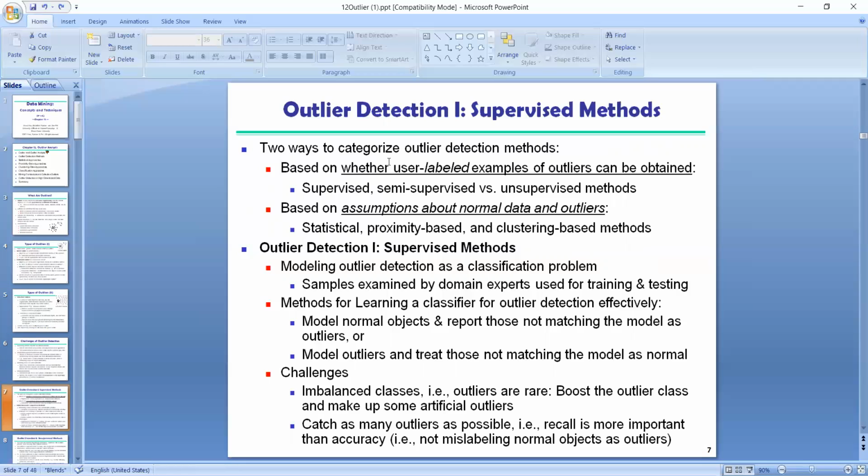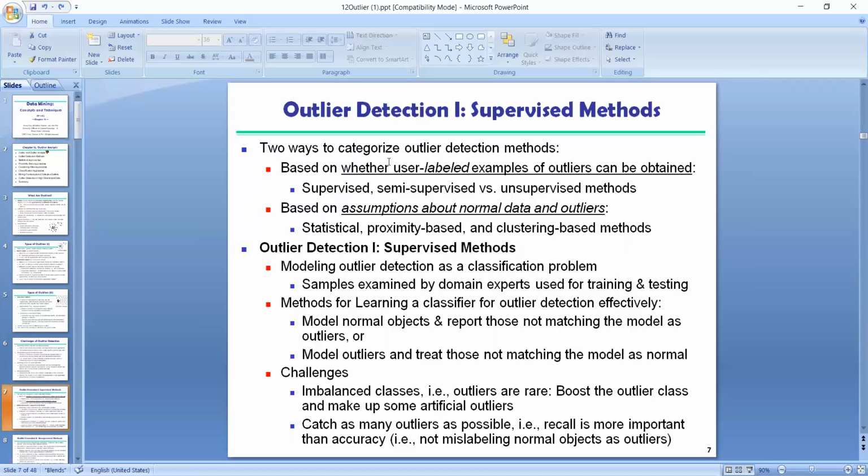The other is based on the assumptions about normal data and outliers, classified as statistical, proximity-based and clustering-based methods. We will see the methods one by one. The first classification is whether there are user-labeled examples or not. Based on that, we have three methods: supervised, semi-supervised, and unsupervised.